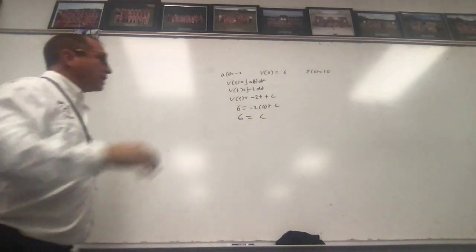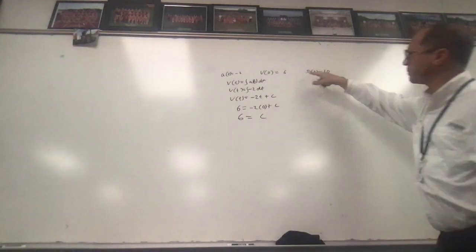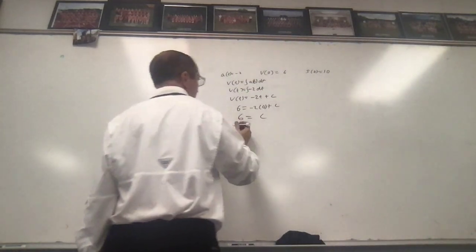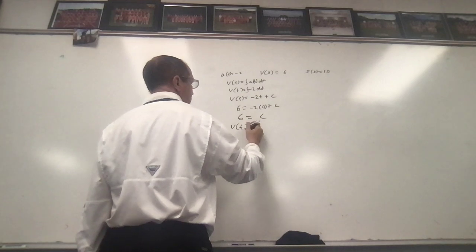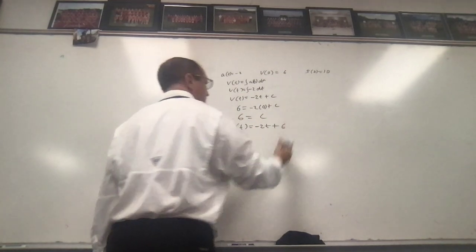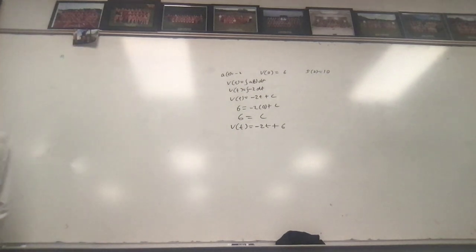So, with this being my initial velocity, I now know that V of t for this specific problem is -2t plus 6. Are we okay with this?